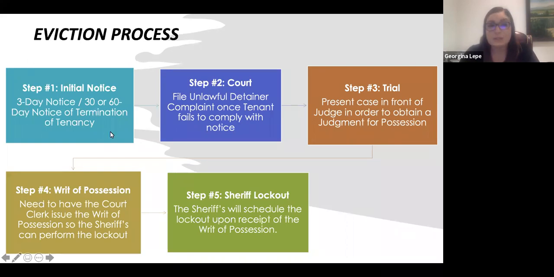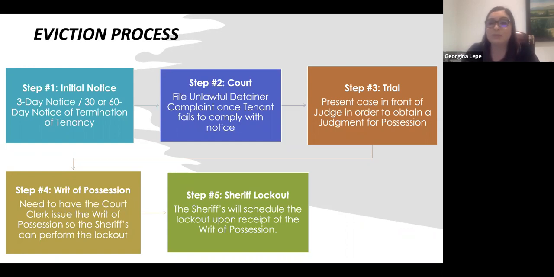Once this initial notice is served and the tenant did not comply with the notice, meaning they did not pay the past due rent or vacate, then we move on to step number 2. Step 2 is filing the eviction complaint. When we file the eviction complaint, we inform the court: Your Honor, the plaintiff is the property owner of this property.